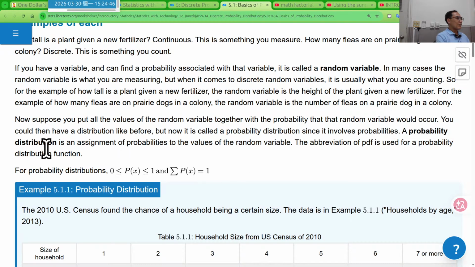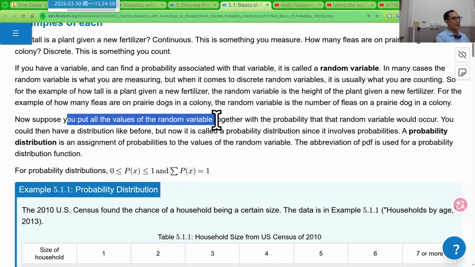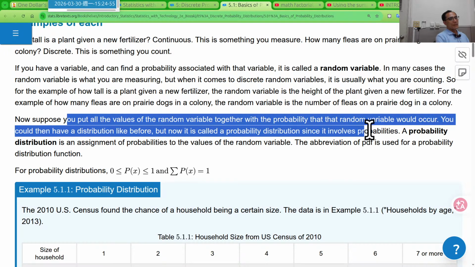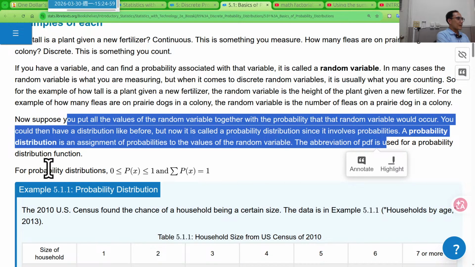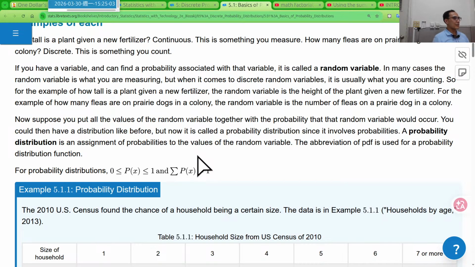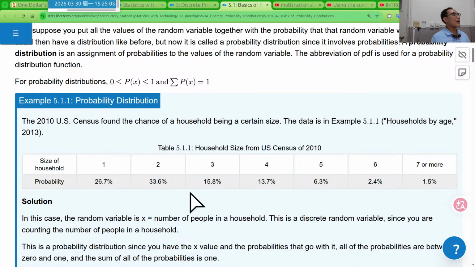Now suppose you put all values of the random variable together with the probability that the random variable would occur. You could then have a distribution like before. Let's check this. I think this part is okay, so I will just read those cases.